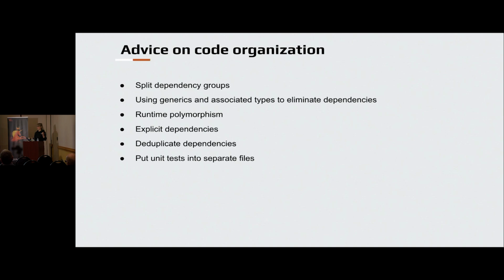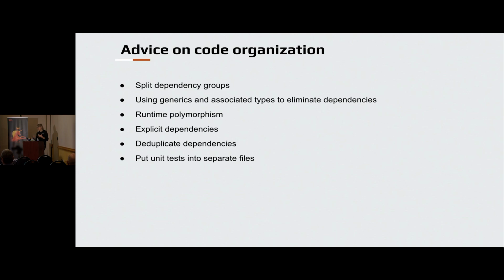So the advice I have for this talk is what we can do simply, right? Split your dependency groups. Think about dependencies, eliminate them if you can. Use generics with your code. It's easier to build reusable code in a more generic way, which can later help you build smarter code and eliminate dependencies, like I mentioned before.